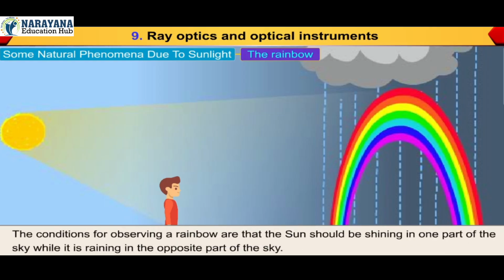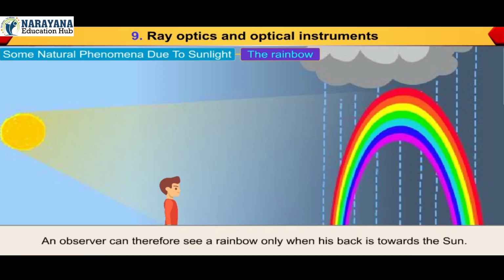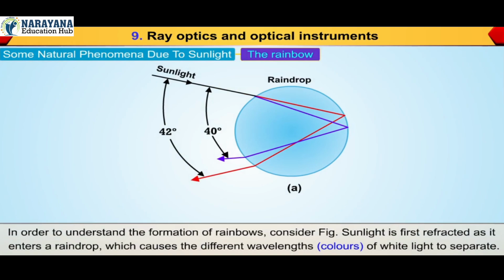The conditions for observing a rainbow are that the sun should be shining in one part of the sky while it is raining in the opposite part of the sky. An observer can therefore see a rainbow only when his back is towards the sun. In order to understand the formation of rainbows, consider the figure.